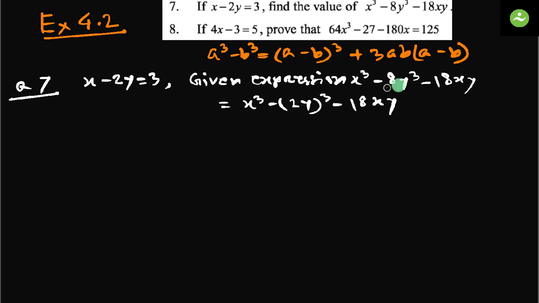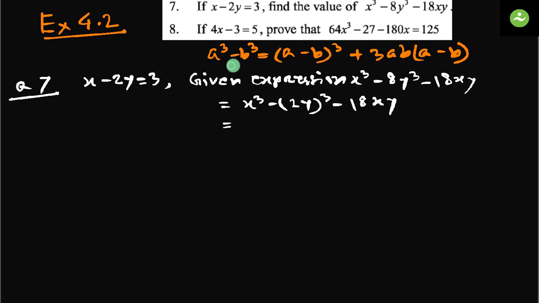Why are we changing 8y cube to 2y whole cube? Because we want to apply this corollary, a cube minus b cube. To make it look like a cube minus b cube, we change this. Okay, now this is looking like a cube minus b cube.